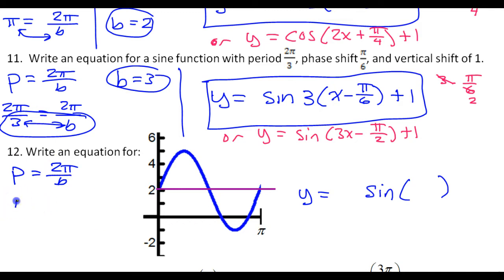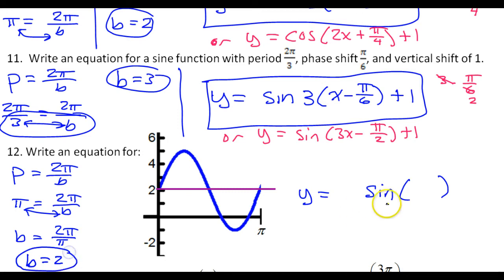So that makes this pi equals 2 pi over b. If I swap these, I get that b is 2 pi over pi. The pi's cancel out. So b is 2. Okay, so that tells me that I could put a 2 in there. And like I said, there is no phase shift, so it'll be just 2x.